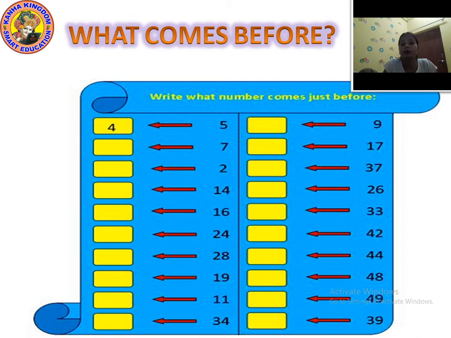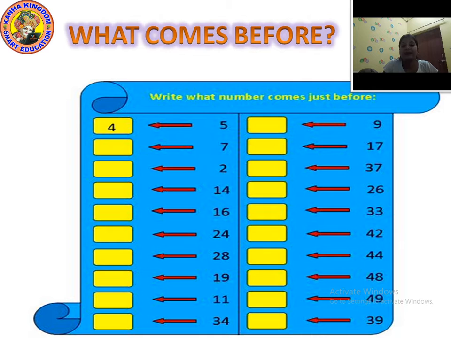Let's start counting from 1, 2, 3, 4, 5, 6, 7, 8, 9. So 8 comes just before 9. So we will write here number 8. Before 9 we will write 8.